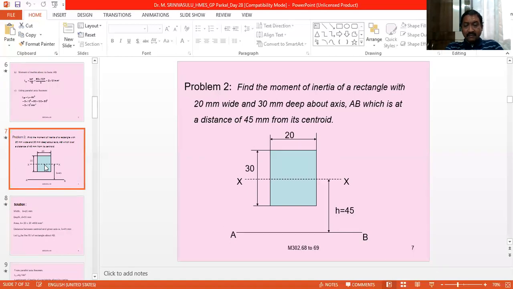Now we need to find out the moment of inertia of this rectangle about the given axis AB.